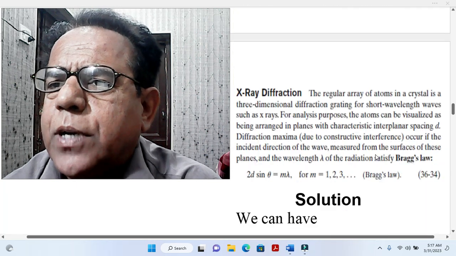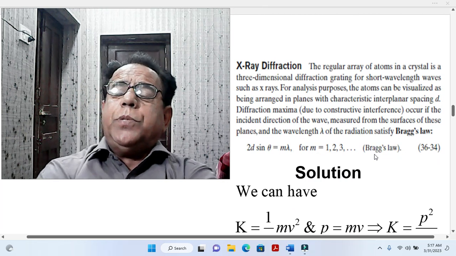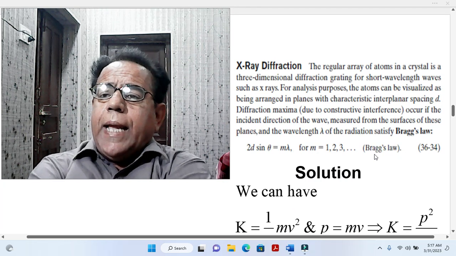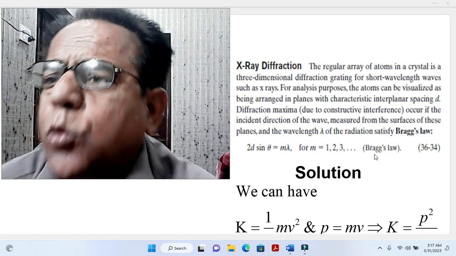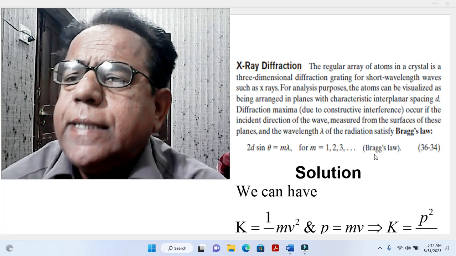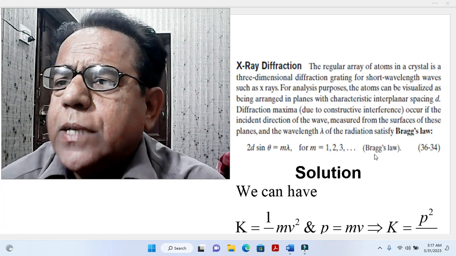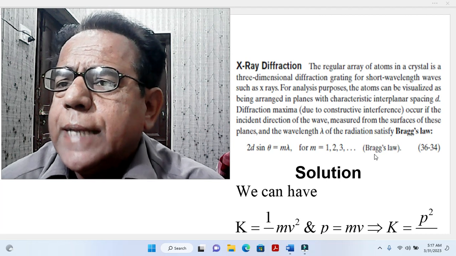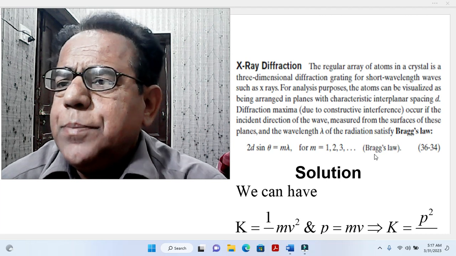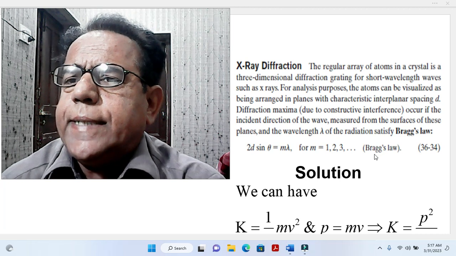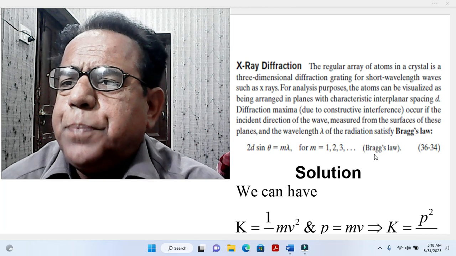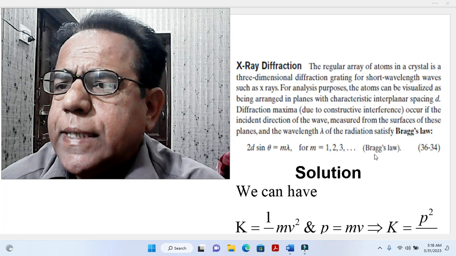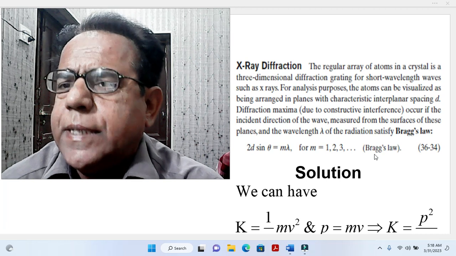In other words, this snapshot has also been chosen from some other book. X-ray diffraction. The regular array of atoms in a crystal is a three-dimensional diffraction grating for short wavelength waves such as X-rays. For analysis purposes, the atoms can be visualized as being arranged in planes with characteristic interplanar spacing d.